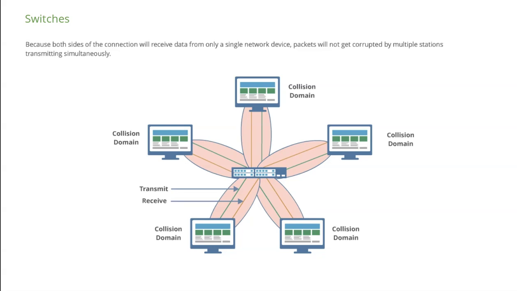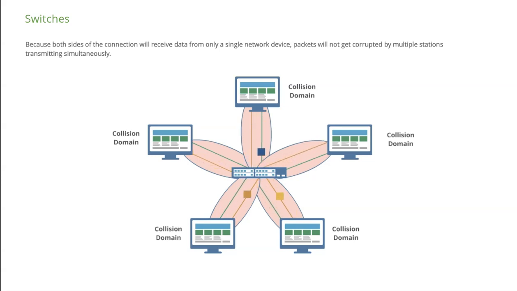Because both sides of the connection will receive data from only a single network device, packets will not get corrupted by multiple stations transmitting simultaneously. By isolating each end-user device in its own collision domain, and providing two separate paths to transmit data to the switch and receive it from the switch, collisions are effectively eliminated.